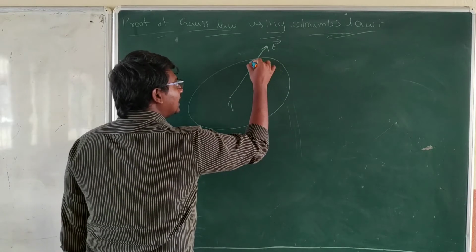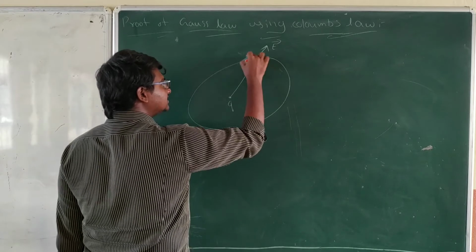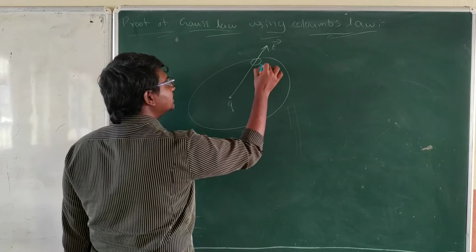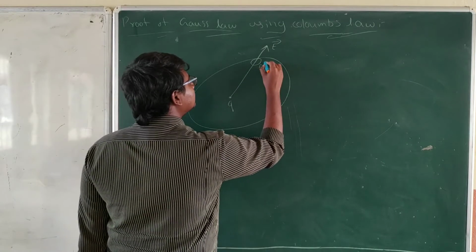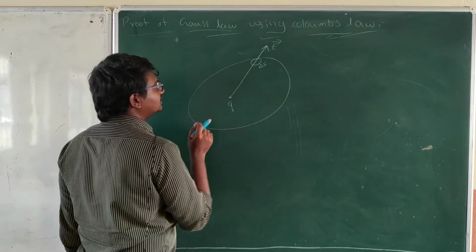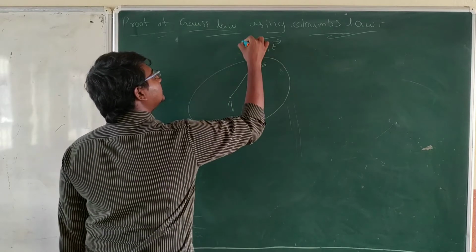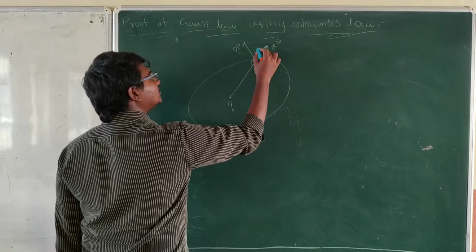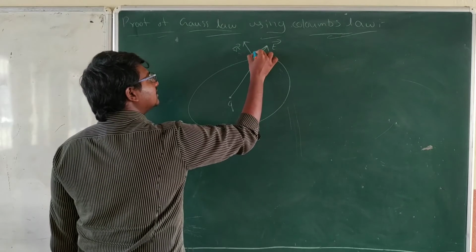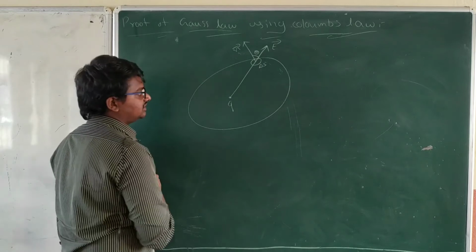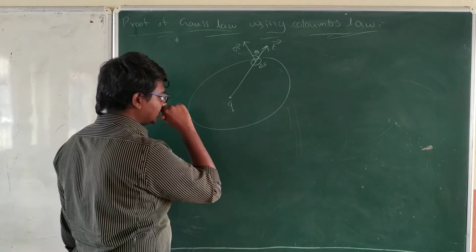Exactly on the surface of this enclosed surface, I am considering a small area delta S, and here a perpendicular normal. With that perpendicular, the electric field is making an angle theta.